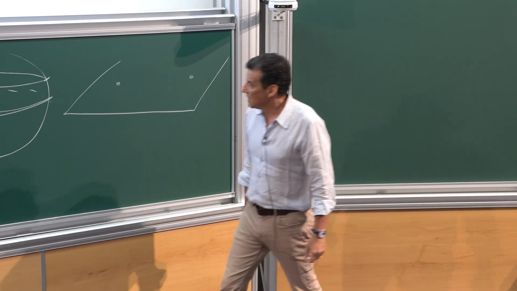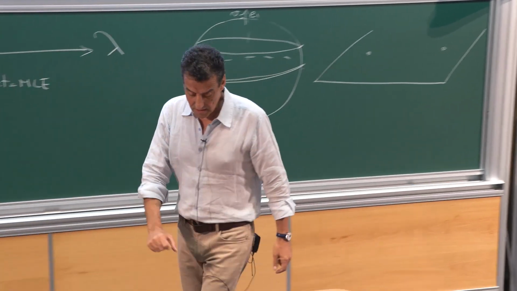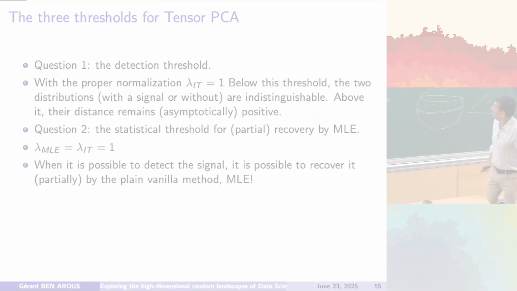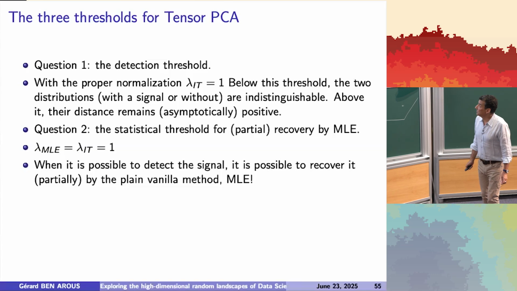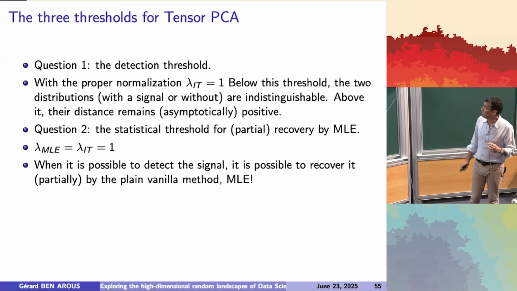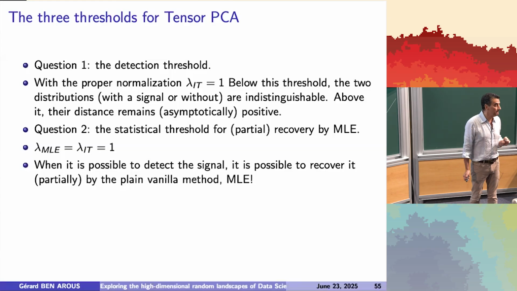Good. So when it is possible to detect the signal, when you're above the IT threshold, in this very simple case, it's possible to recover it partially by the plain vanilla method, by MLE.